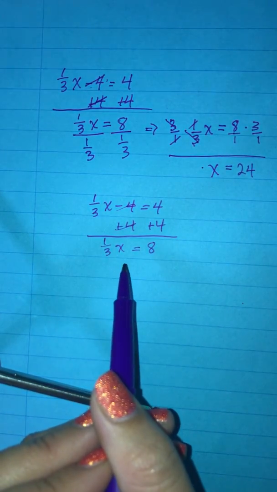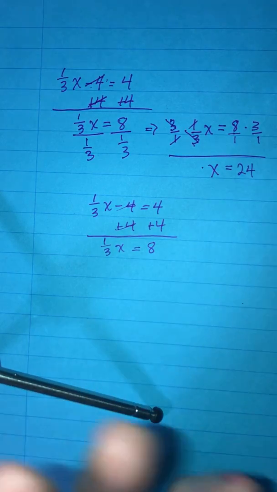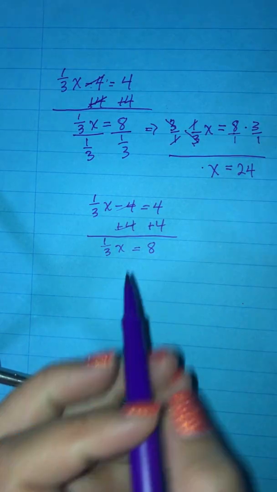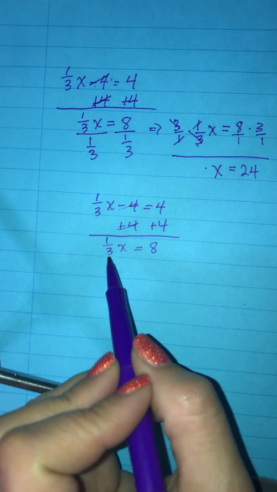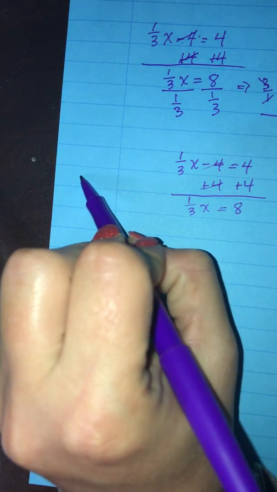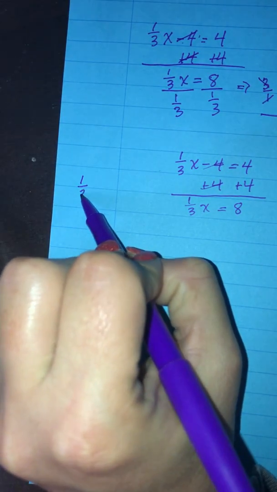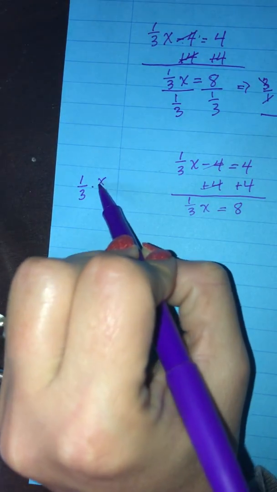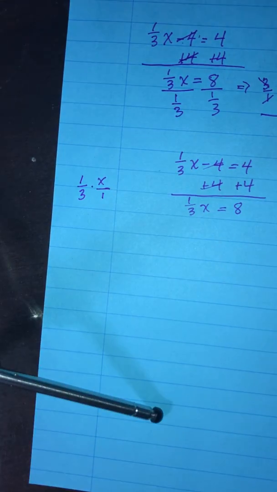The other way you can look at this, and you'll get the exact same result, is to think of 1/3 times x as being 1/3 times x over 1.